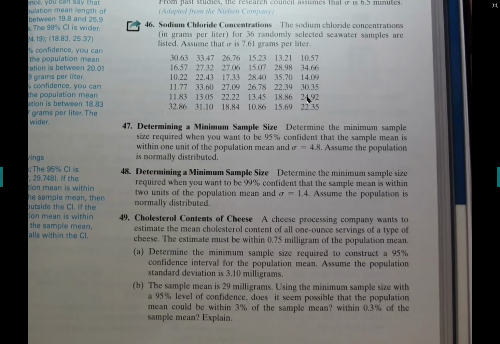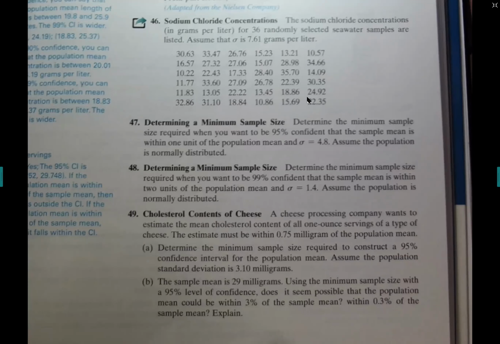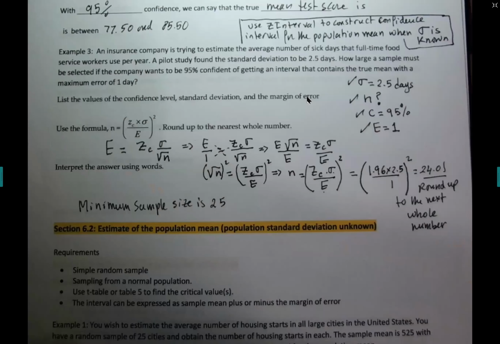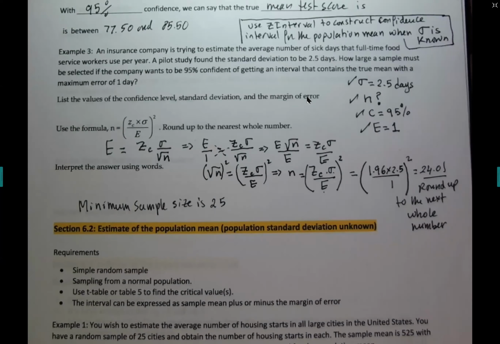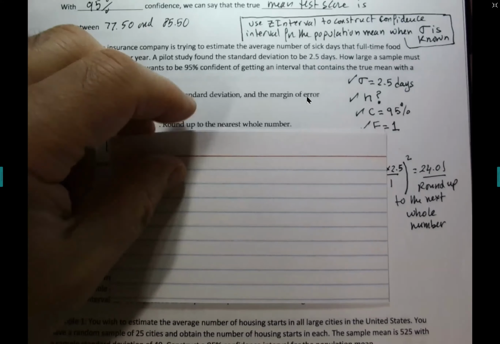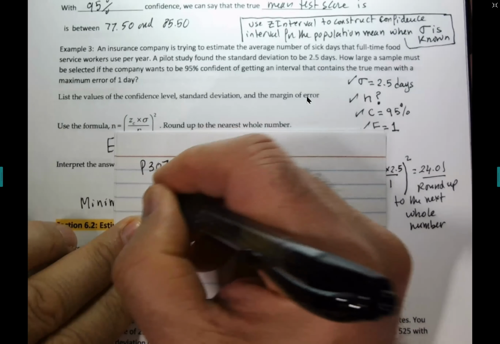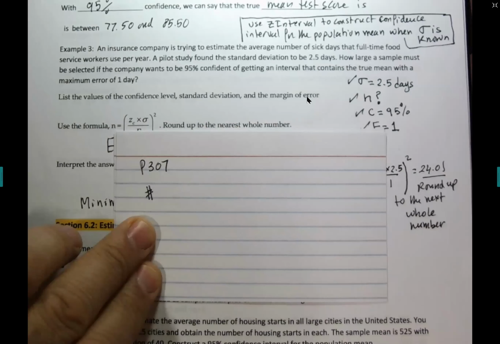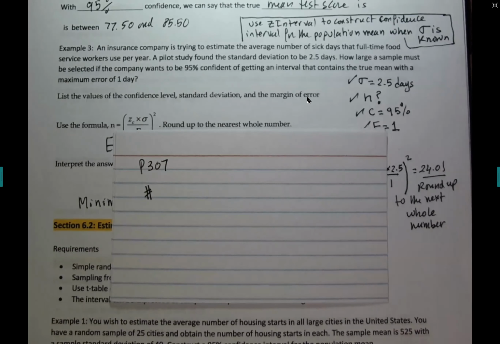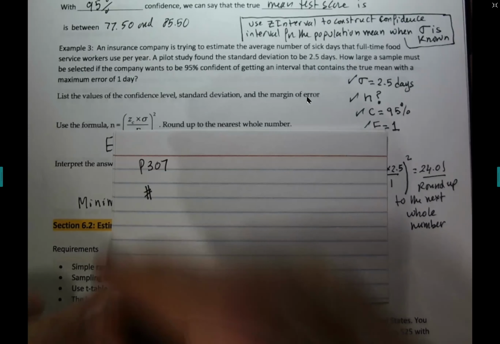So E is 2. And let me do this one and show you how to process this exercise. So I will write it down. Page 307, exercise 48.